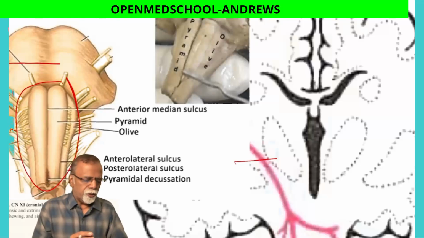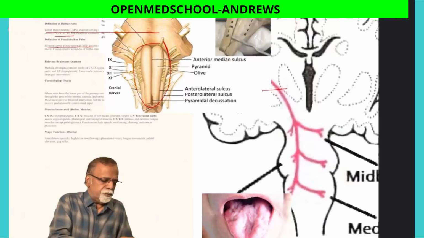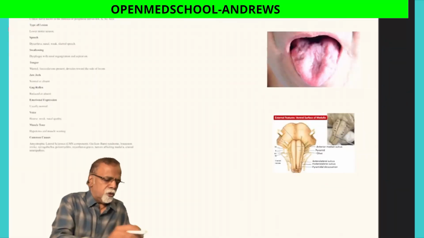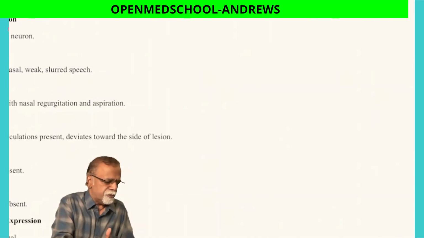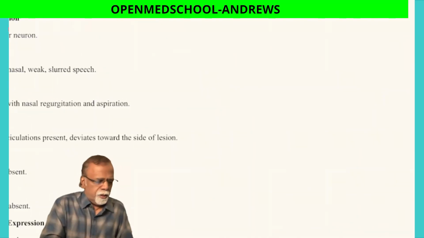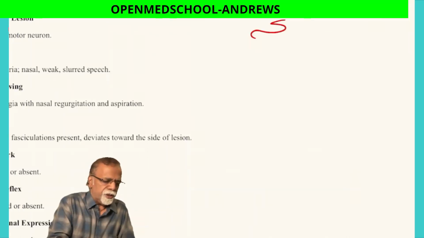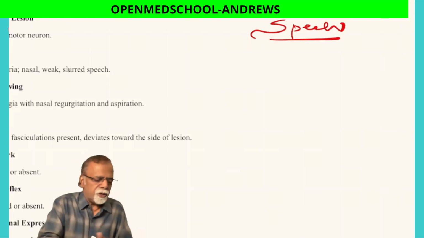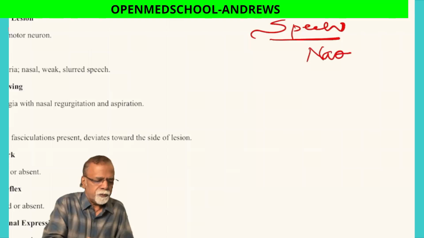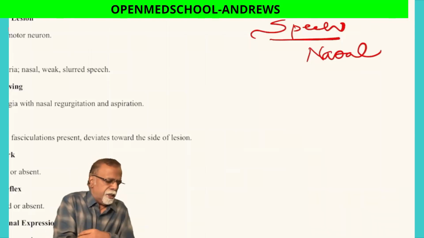So let us look into what are the clinical features of bulbar and pseudobulbar palsy. So clinical features depend upon the functions of the cranial nerves. As mentioned, speech is one which is affected. Because of the 10th nerve paralysis, you get a nasal tone. When the 12th nerve is affected, the linguals may be affected. So overall, the speech will be nasal, weak, and slurred.